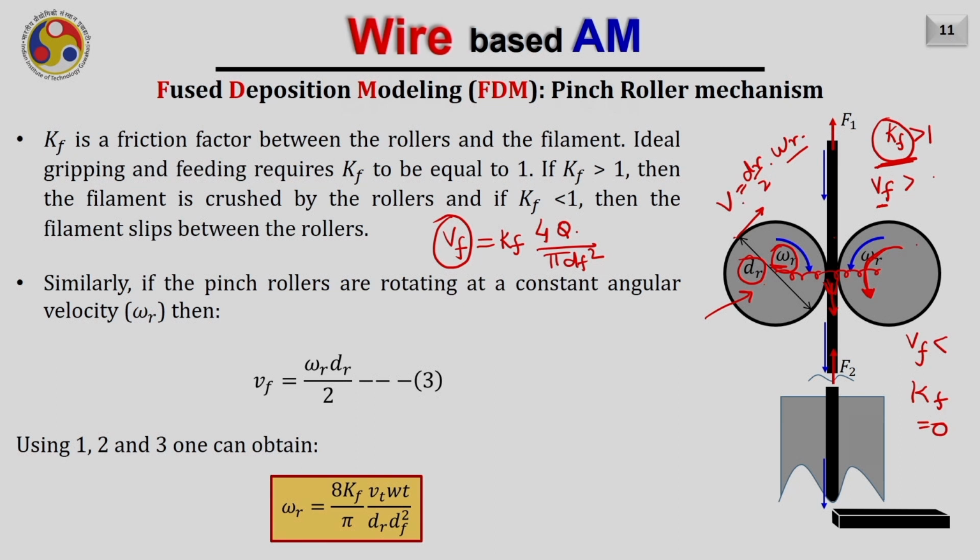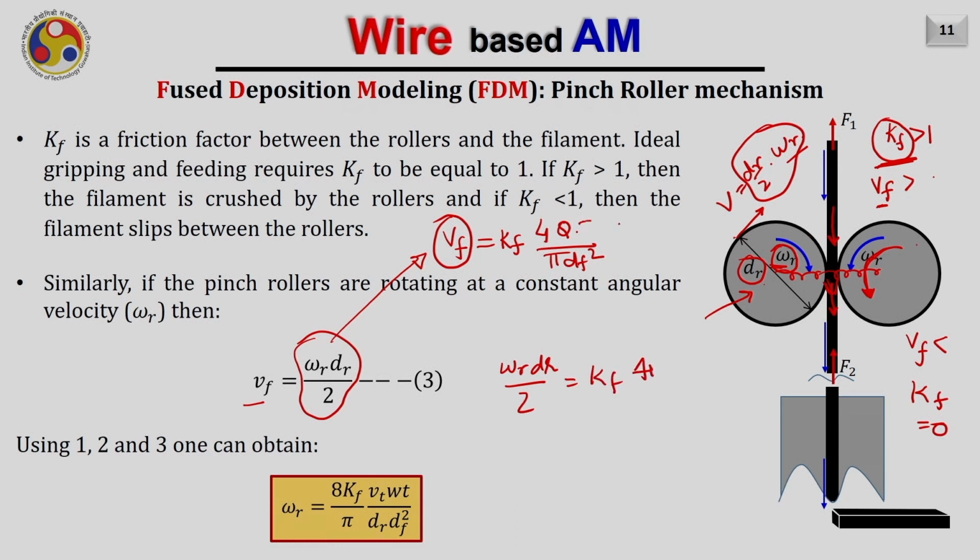If you assume that there is no slip between the roller and the wire, then the velocity of the wire will also equal this value, and hence Vf will be equal to omega r dr by 2. Hence I can put this value here. As a result, I will have omega r dr by 2 equals Kf into 4Q.